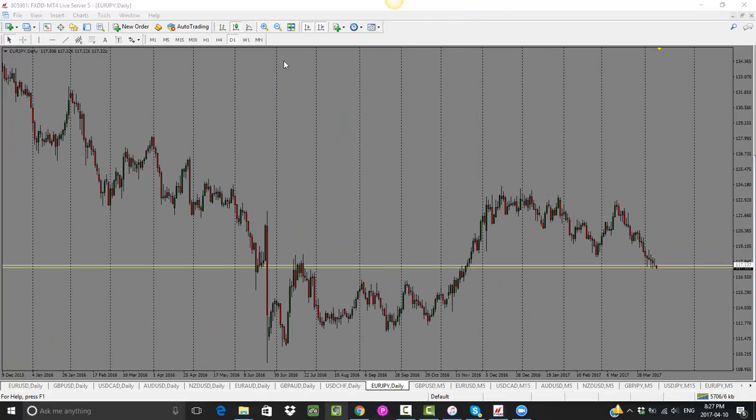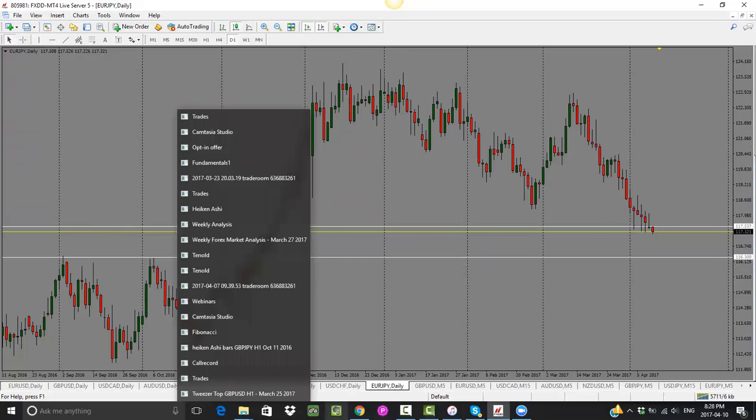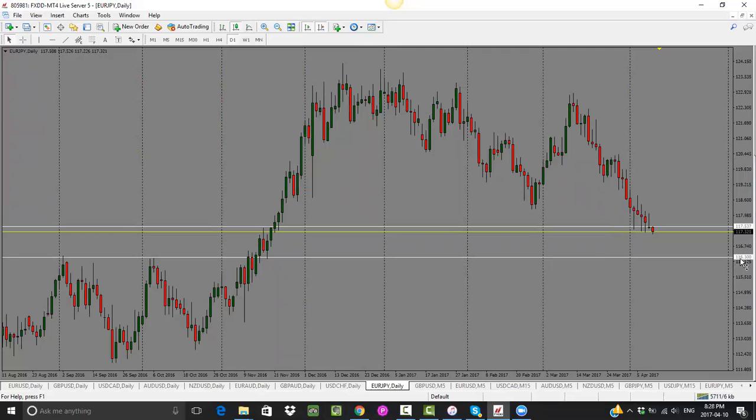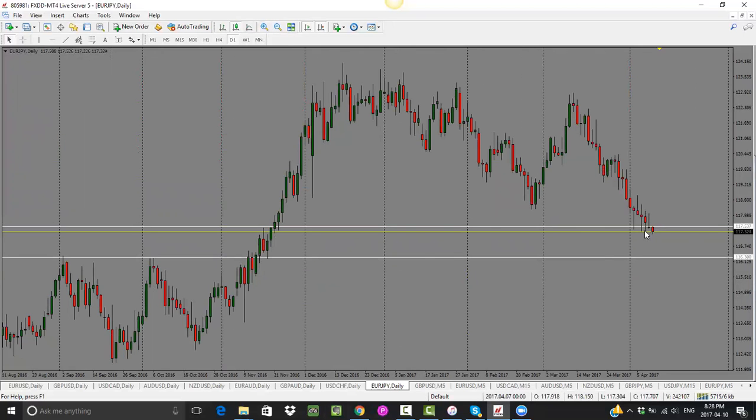It is a safe haven currency, so if we do see price stay below these pins here, we're likely to see a move further to the downside, and that could be the level 116.30 will be the next target right into here, and then below that we could move further down. So 116.30 will be the first target, but it has to hold below these pins for it to be valid.